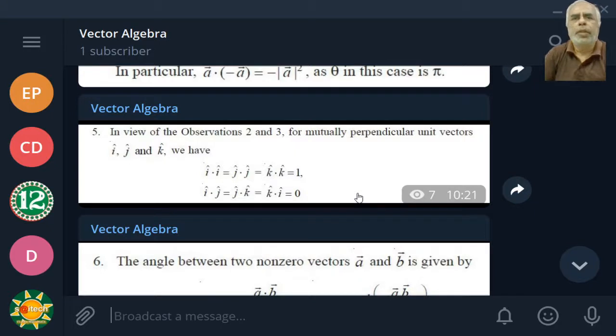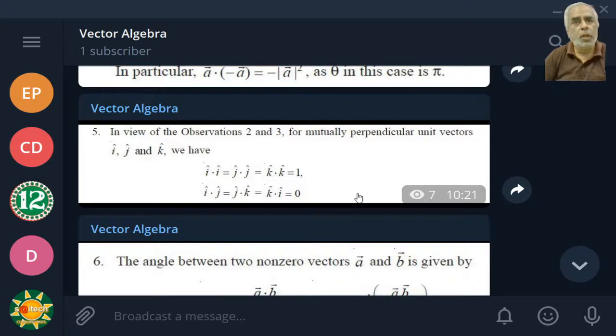Okay, right. Now, when you multiply by scalar, that is i cap dot i cap, that is equal to 1. So similarly j cap dot j cap is equal to 1. k cap dot k cap is equal to 1.